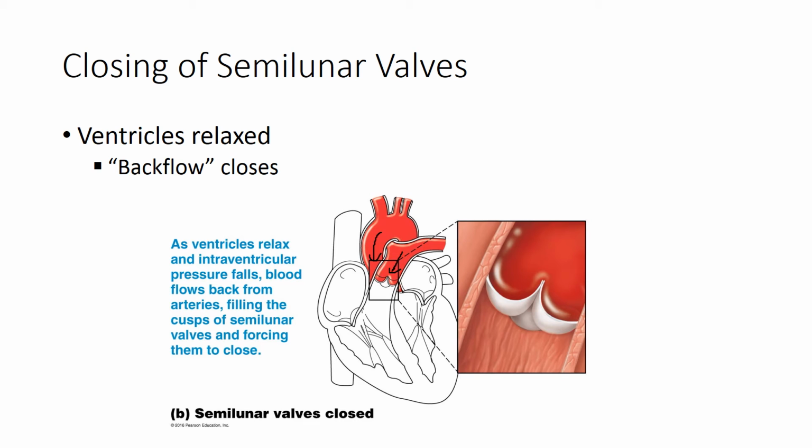Okay, this is not desirable because we just ejected blood into these large vessels. So good thing we have the semilunar valves here. The blood essentially backflows into these little pouches. Okay, and that's going to bring the edges of these pouches together and close off that opening.